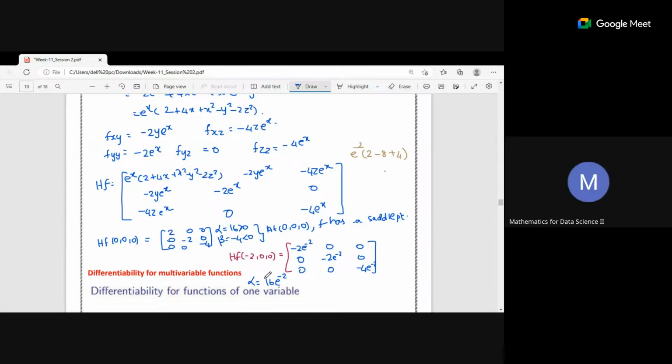Ma'am, here in the determinant alpha, it should be 2 into 2 into minus 4. Oh, minus 16. I have, instead of multiplying, I have added them. Okay. So minus 16 e power minus 6. Yeah. And a negative as well.